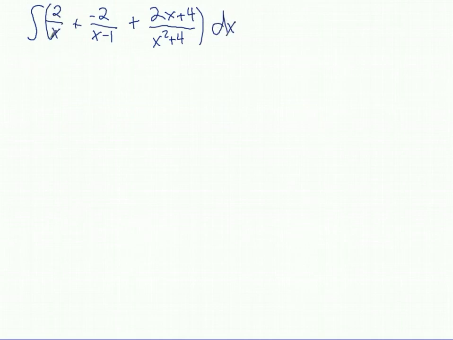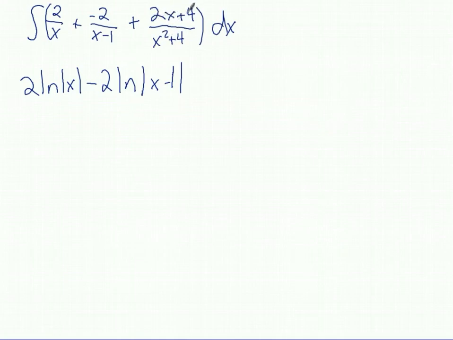So 2 over x, okay, I see that that's 2 times the natural log of x. Likewise, this is going to be minus 2 times the natural log of x minus 1, absolute value. But now we look at this, and it's not immediately obvious how to integrate this. I see, if I have a u as x squared plus 4, that the du would be 2x, and that's good if I could split that.